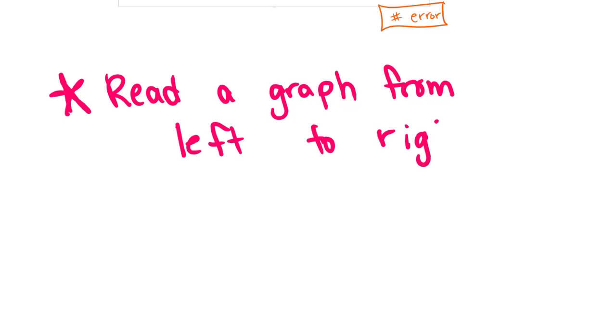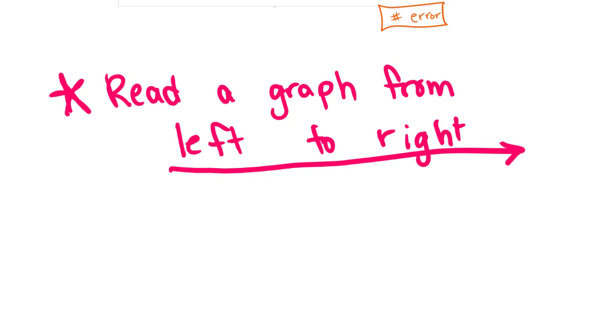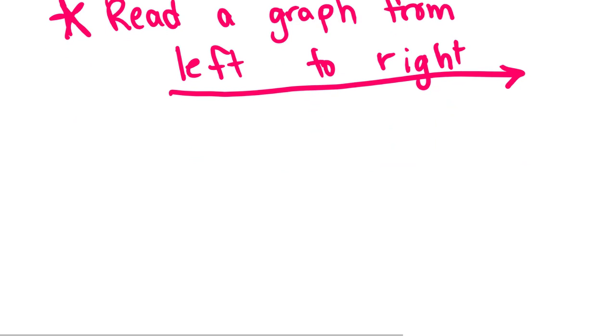Okay, just like you read words, and that's how some people get themselves confused on which way is positive and negative and zero and undefined. Always read a graph like you read your words, from left to right. Okay, so there's one thing I'd like to add to your notes.